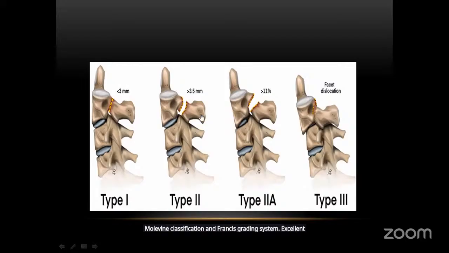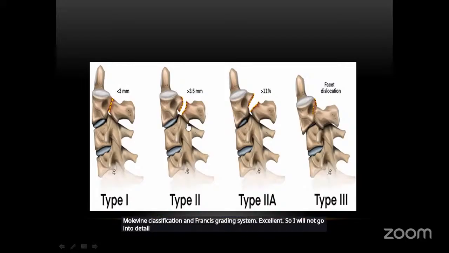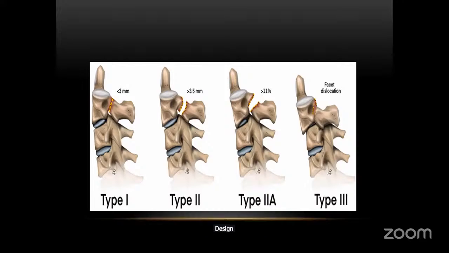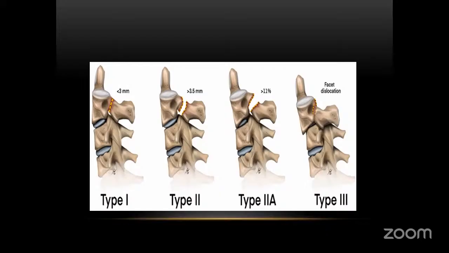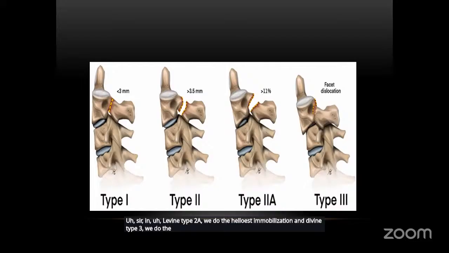Excellent. So I will not go into detail. Thank you, Dr. Mustafa, for helping me. So what is the Levine classification? Go through this one. Just tell me what is unstable fracture in the Levine, then we will proceed further. Sir, in Levine type 2A, we do halo vest immobilization, and in Levine type 3, we do ACDF, sir.